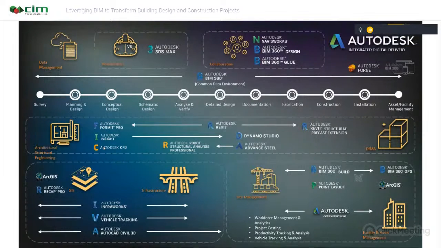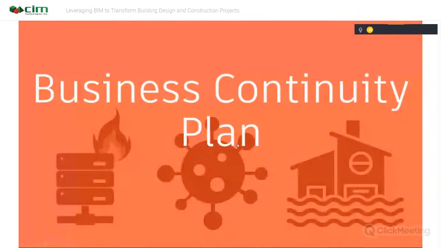The intention here is that in BIM, you are able to leverage the models that you build upstream and also downstream. This is just a quick mapping, and if you would like to know more about this, we can discuss later in the Q&A. For this session, we'll talk about how BIM can be helpful in your business continuity plan.